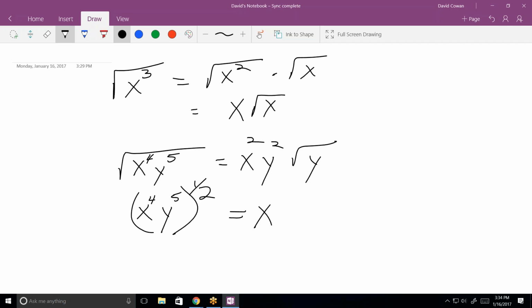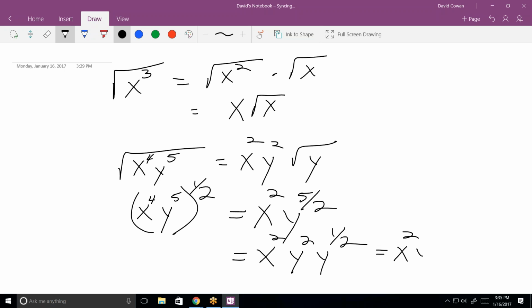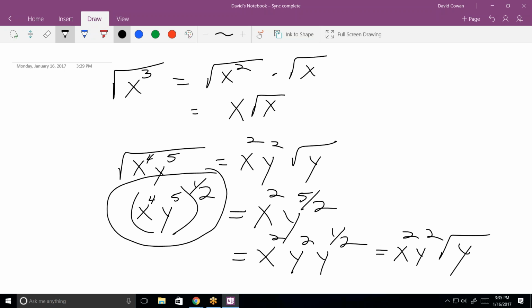So you immediately get this, and that's equal to x squared times y squared times y to the 1/2, which equals x squared y squared square root of y, exactly. But when you're dealing with numbers bigger than 2 or 3, then this really is probably the way to go.